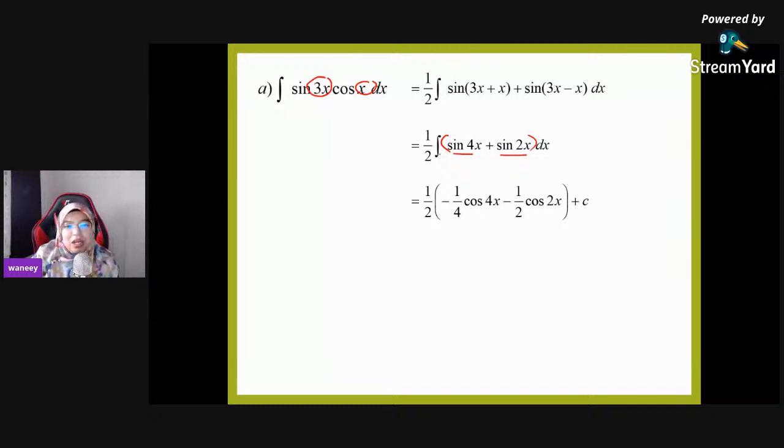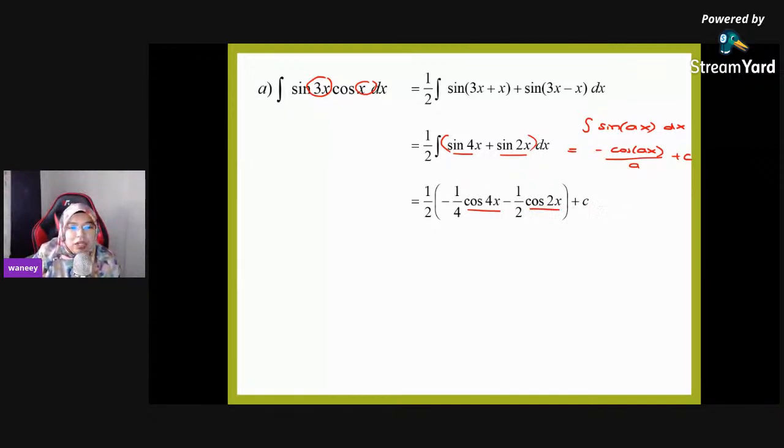Okay, so we are going to integrate sine of ax. So integrating sine of ax dx. So integrating a sine, it will become negative cos of ax over the coefficient of x, which is a, and then plus with c. So that is how you get negative 1 over 4 cos of 4x minus 1 over 2 cos of 2x, and then plus with a c.